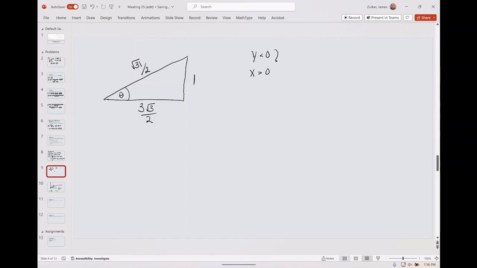This tells me if y is less than 0 and x is greater than 0, theta's in what quadrant? Yes.